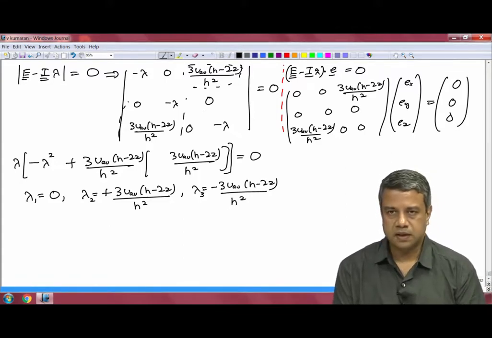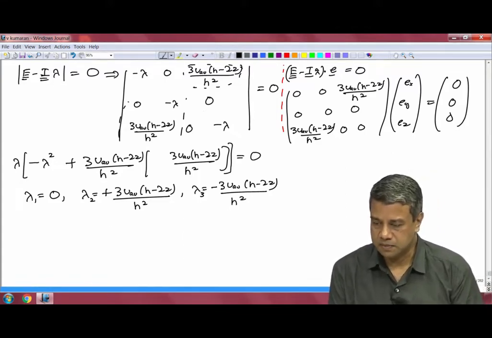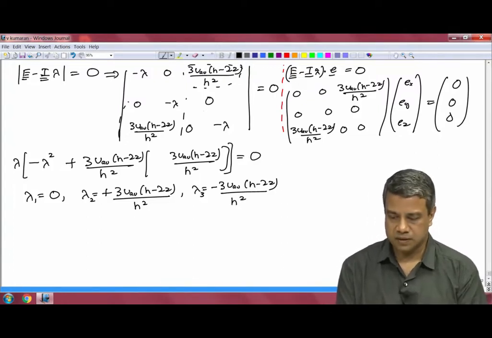That is how you determine the eigenvector corresponding to the first eigenvalue, that was 0.